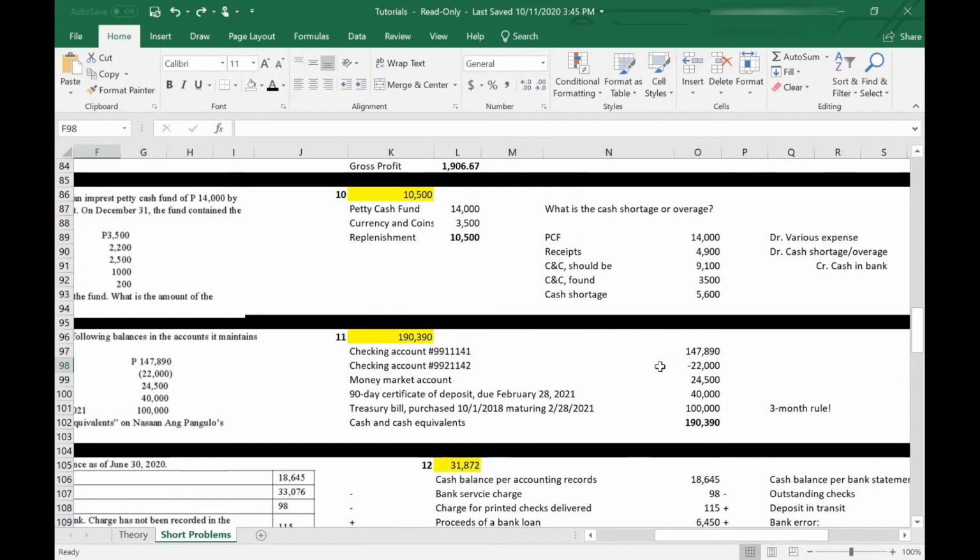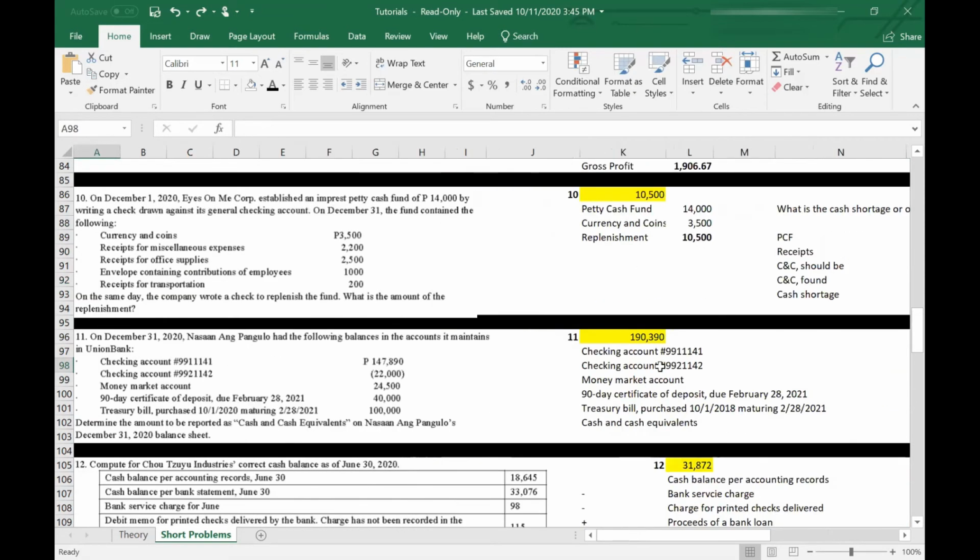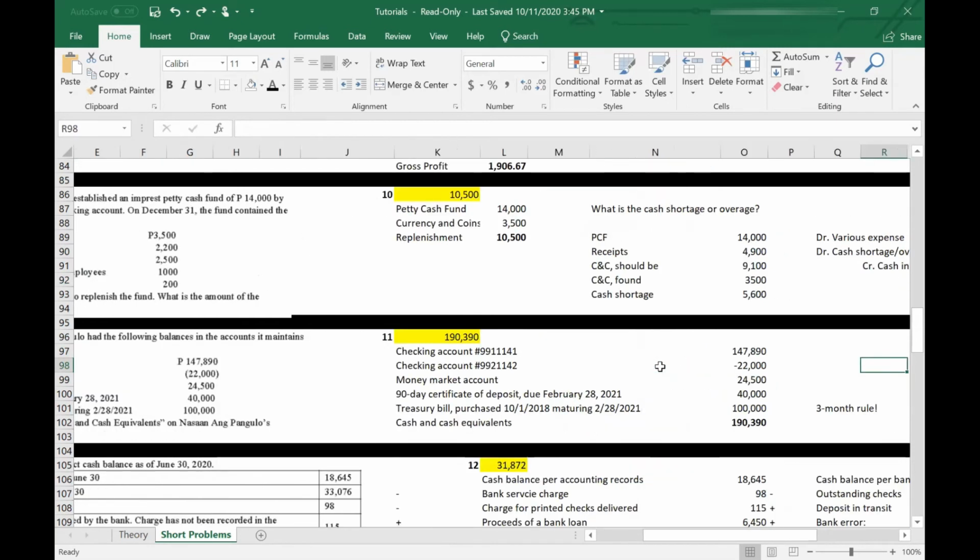I think the presumption here is that it belongs to the same bank, which is why you can offset them. Because it's the same bank, you can offset. That's why we deduct. But if a different bank, this one you present as cash, and the overdraft you present as a current liability. In BA 99.2, you'll discuss current liability. But for now, same bank, so we can deduct.